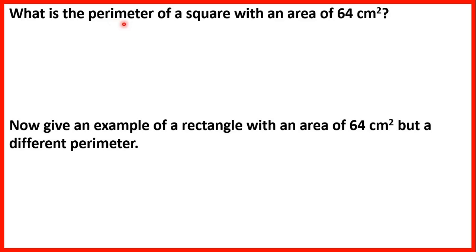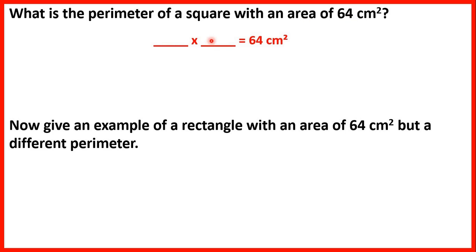What is the perimeter of a square with an area of 64 centimeters squared? So here we can remember that the perimeter of a shape is the distance around the outside of it. But we don't know what the length of each side of our square is. However, we can work this out because we are given the area of the square.